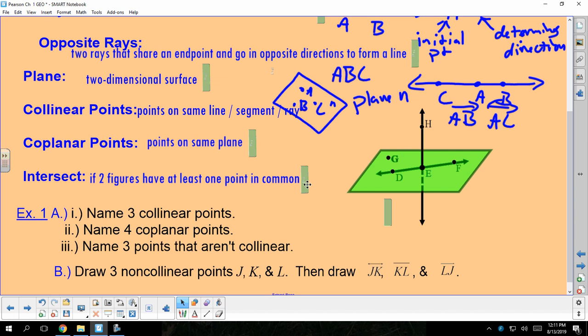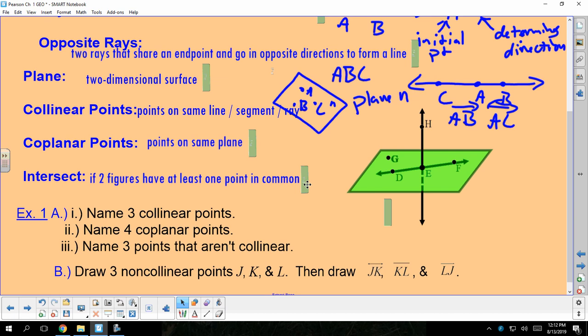What about the intersection of a line and a plane? What do you think that's going to look like? If I took this paper and had this pencil as the line, in space, the intersection of a plane and a line is going to be a single point.